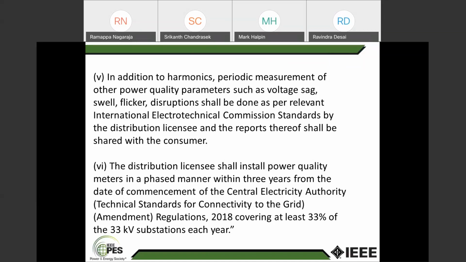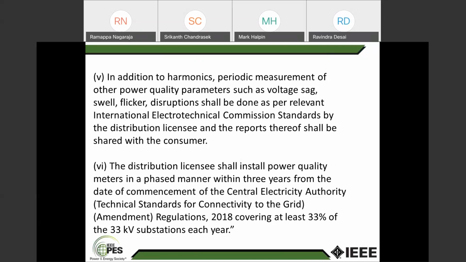Again, if an instrument is installed that is compliant with 61000-4-30, of course, it will have as measured indices all of the standard power quality parameters, meaning harmonics, sags, swells, flicker, unbalance, etc.